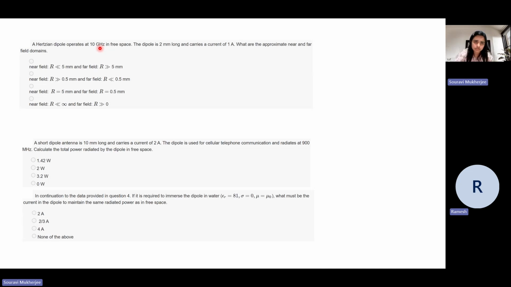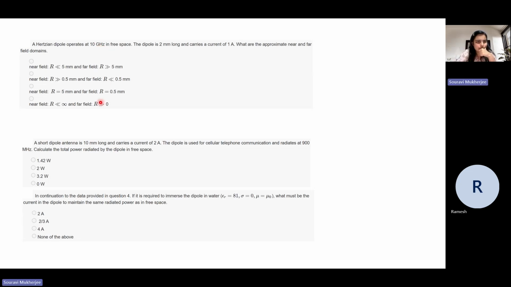So 4 by lambda is like 30. So are you getting 8 by 30 mm, over 0.2, 0.2 something?